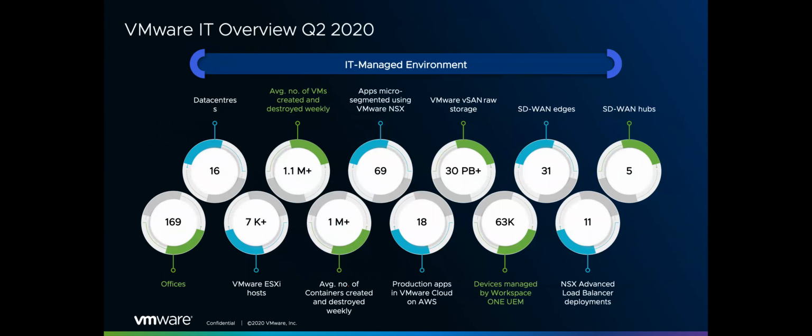Next slide. This is just to cover real quickly the size and scale of the VMware environment. A lot of individuals don't understand really how large the VMware environment is and the problem that we have to solve here internally within the IT security organization at VMware. Today I'm going to be focused on looking at some of the challenges that we had, the size and scale, again, looking at 169 offices that we had to account for.